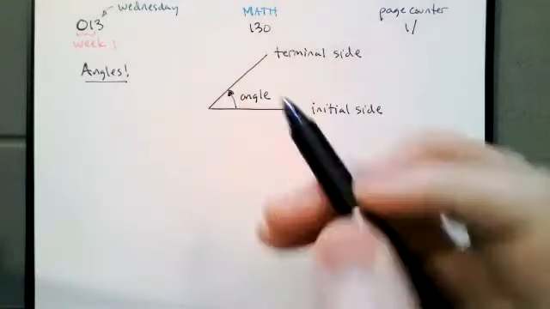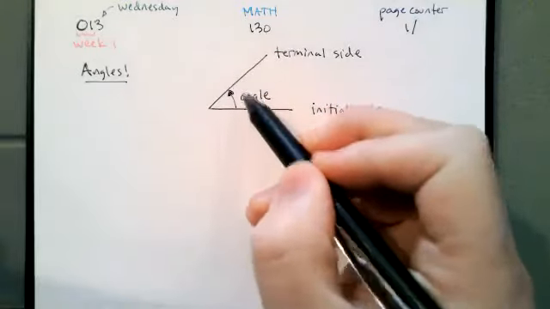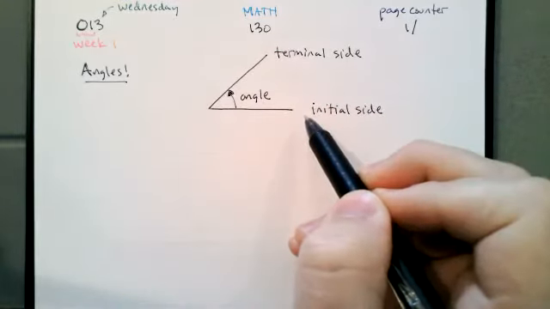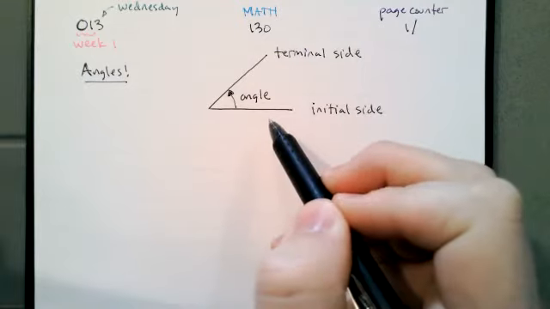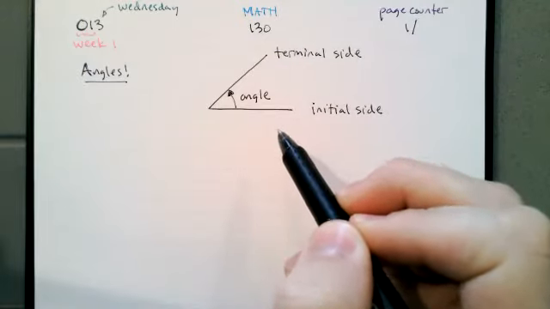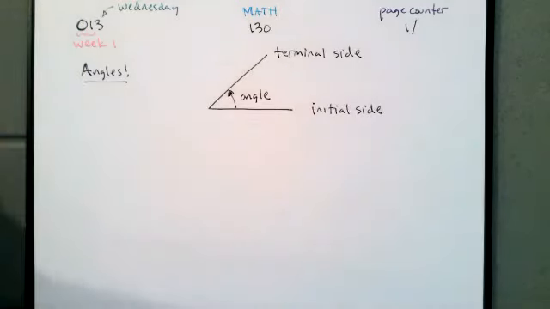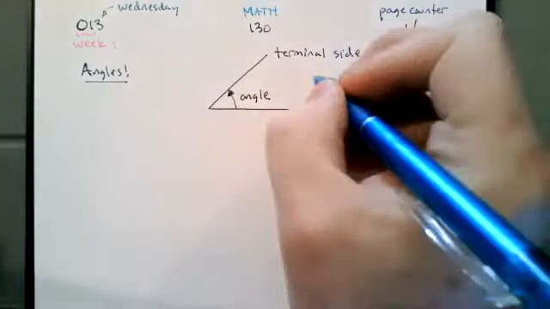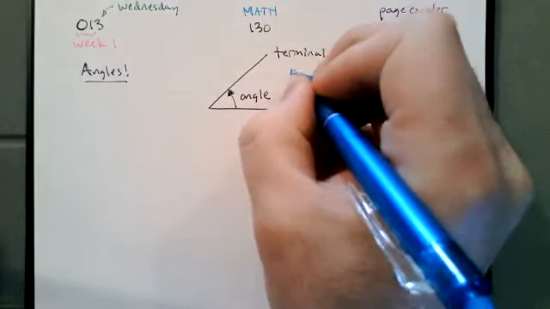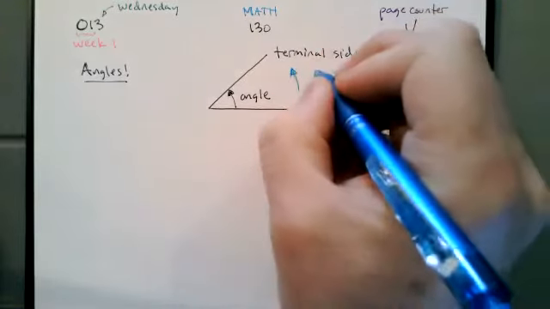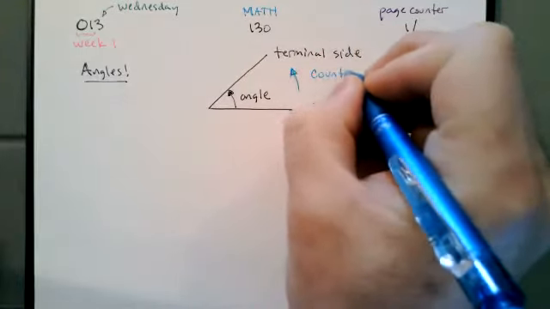Since we have direction on the angle, I could say initial side, then go up to the terminal side. I could also set up an angle where we have an initial side and we go down towards the terminal side. We have two different directions, so we have to call one of those directions positive. So the positive direction will be counterclockwise.